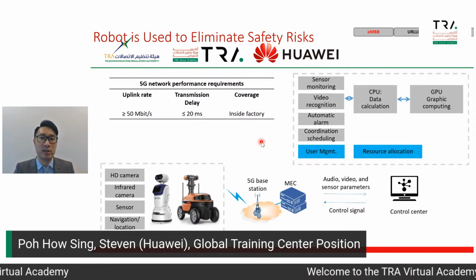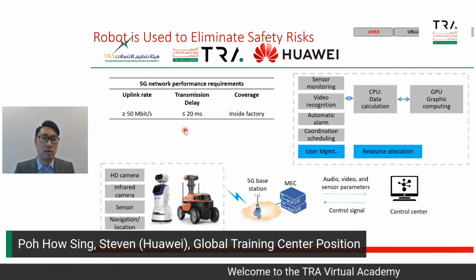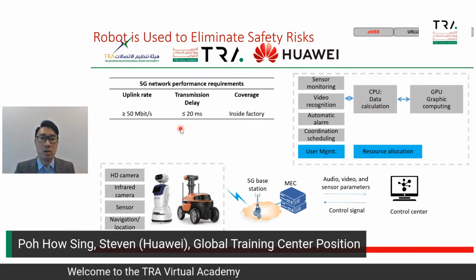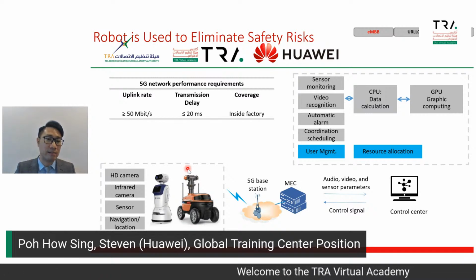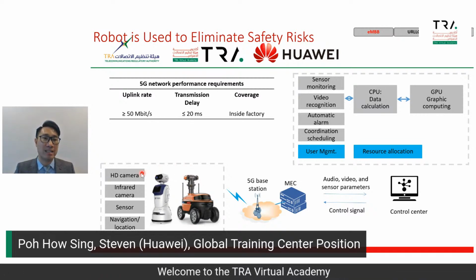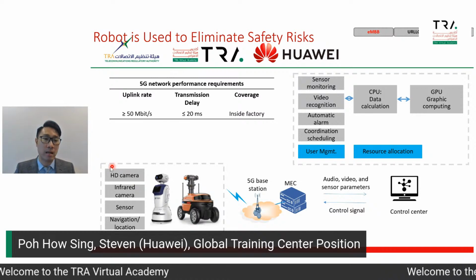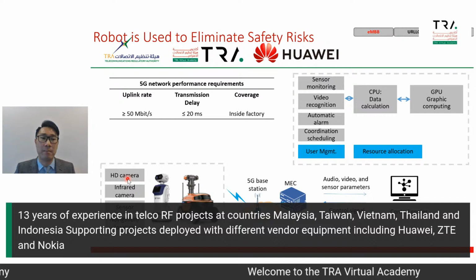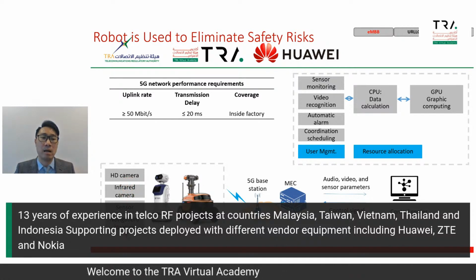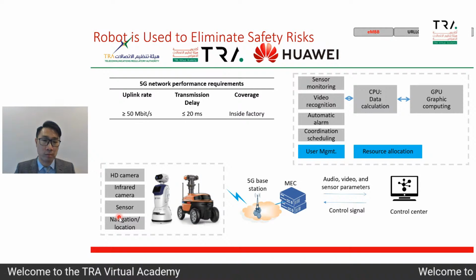And the third application is for some safety surveillance. If you want to monitor the factory area, you can deploy some robots for the patrol. Each of the robots will be deployed with an HD camera, infrared camera, sensors, and the navigation route.